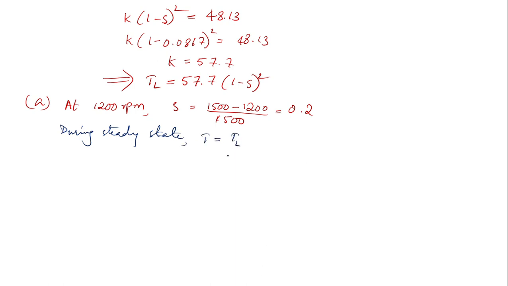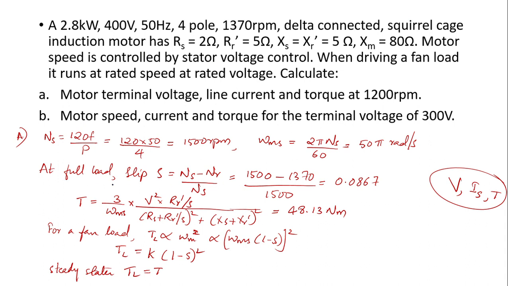If I can find out the value of TL, I will ultimately get the value of T. If I get the value of T, I can find out the value for terminal voltage, and then correspondingly I can also find out the supply current. So this is the procedure that we are going to follow.